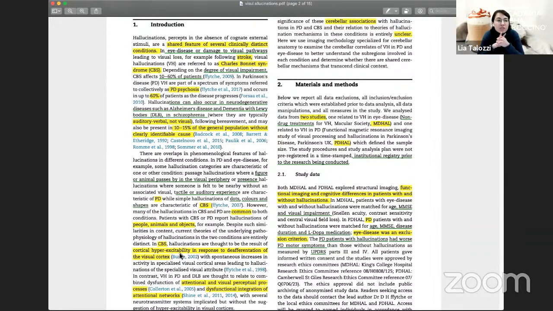Usually these are simple visions, so dots, colors, shapes, and this is typical of Charles-Bonnet syndrome.